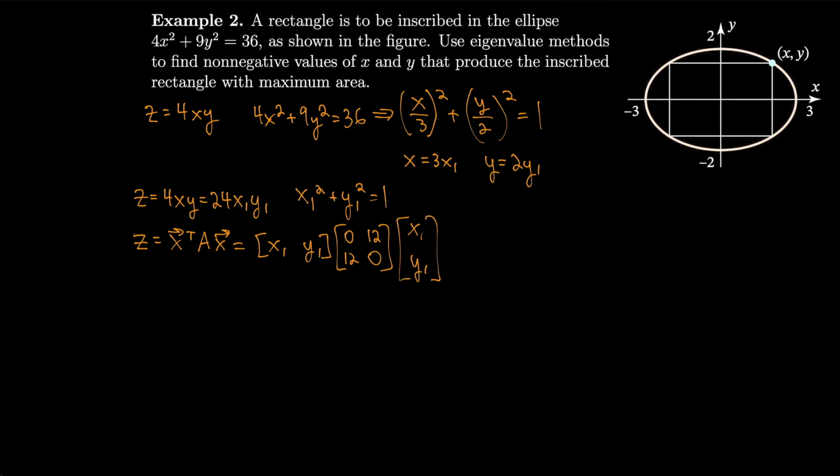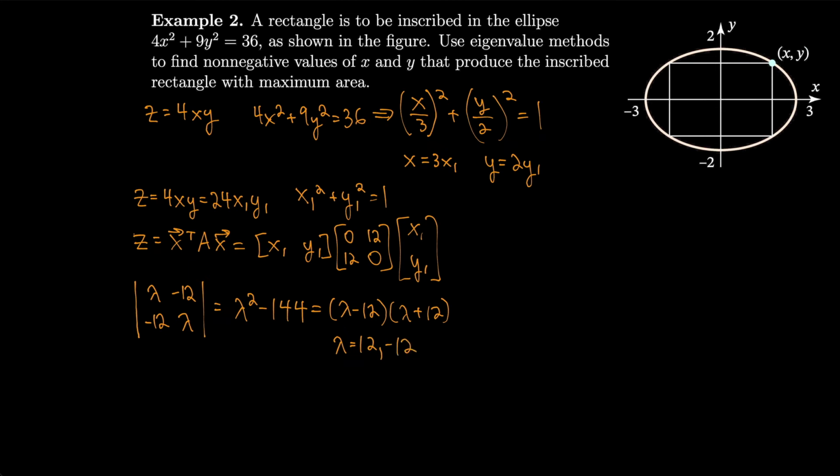So let's look at the determinant of lambda I minus A to find the eigenvalues. So it'll be lambda minus 0, minus 12, minus 12. And that determinant is lambda squared minus 144, which factors as lambda minus 12, lambda plus 12. So we get eigenvalues lambda equals 12 and minus 12.